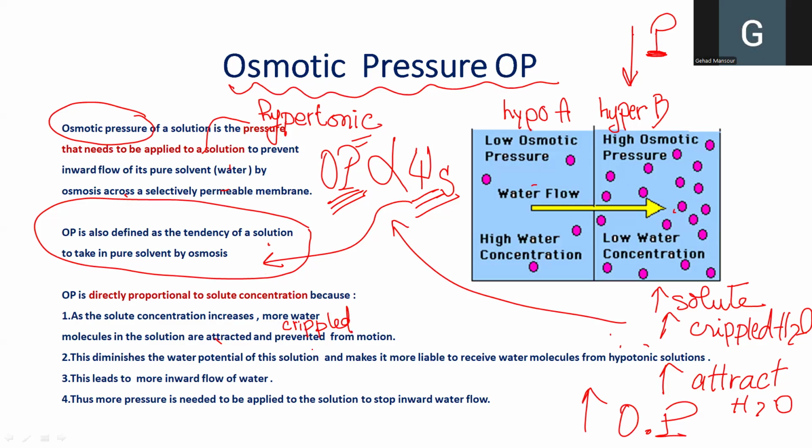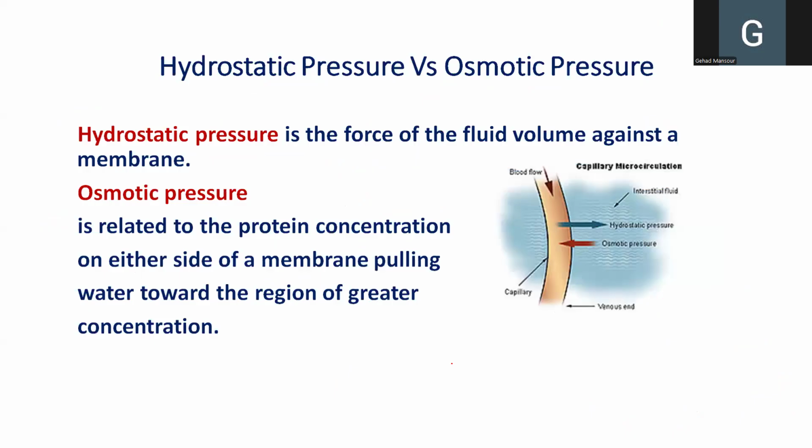Therefore, this diminishes the water potential in this solution, which is the hypertonic solution, and therefore makes it more liable to receive water molecules from the hypotonic solutions, and this results in absorbing or intaking more water, or more inward flow of water. And in such a case, you would need more pressure, more osmotic pressure to stop the water intake.